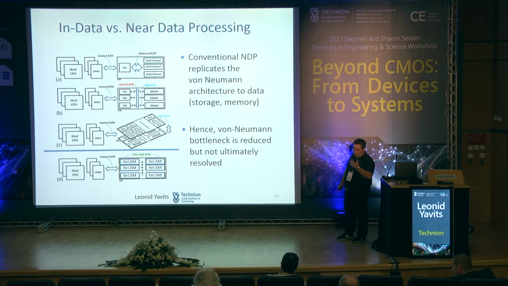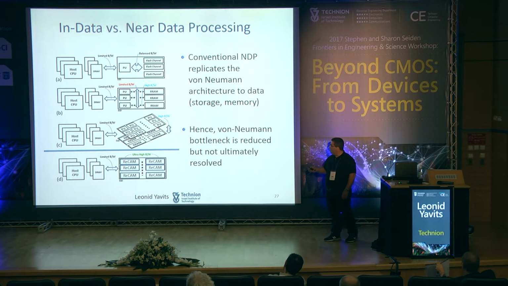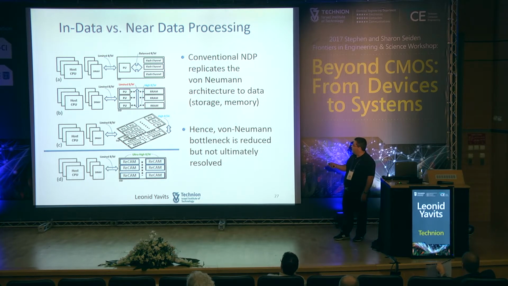Now, the typical von Neumann response would be to parallelize. So there's going to be a number of PUs, meaning you have to somehow connect them to storage arrays, which means there's going to be some kind of network in storage or parallel bus in storage, which means you're going to have, again, limited bandwidth, meaning you will restore, replicate the von Neumann bottleneck, which you had in the macro world, in a storage or in-memory processor.